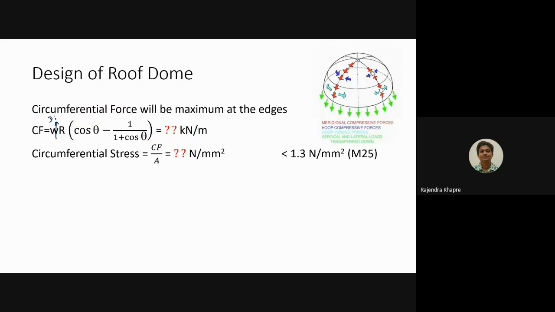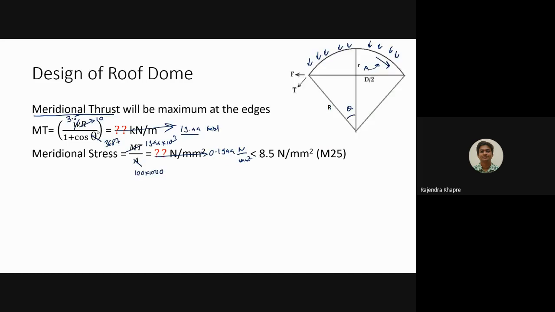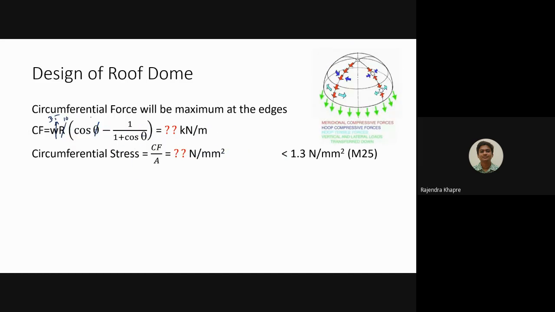So W is 3.5, the radius is 10, and theta is 36.87. Please tell me the value of circumferential force. 8.5, yes sir. Okay, this is kilonewton.